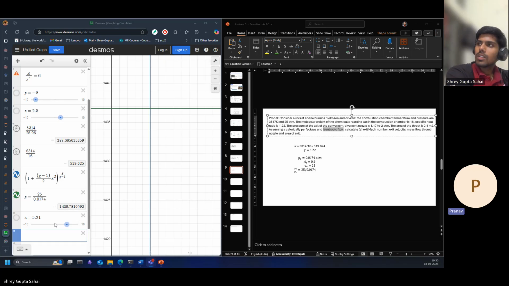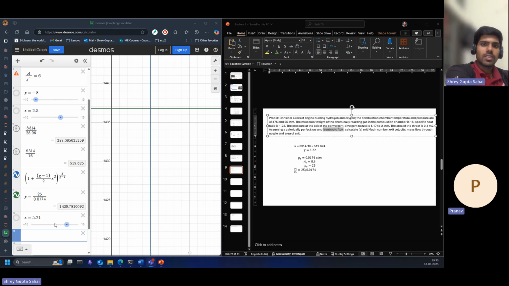So H1 minus H2 plus half V1 square minus V2 square is 0. I didn't consider any heat or work done. Then from that we get H1 minus H2 equals half V2 square minus V1 square. Considering stagnation condition, V1 is 0.